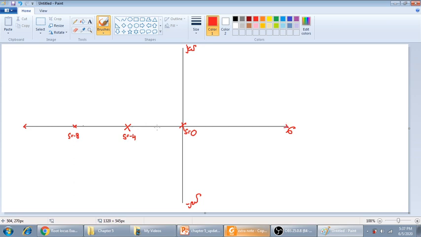Our breakaway point is at s equals minus 1.69, so somewhere here.